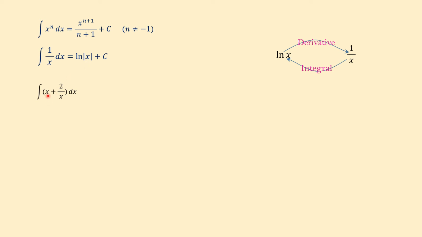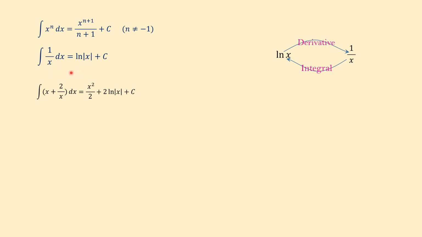Integral of x plus 2 over x dx. To integrate x to the power 1, we can use the power rule as usual. Integral of x to the 1 is x squared over 2 plus, and to integrate 2 over x, we write 2 as the coefficient, copy the coefficient, and we integrate 1 over x.